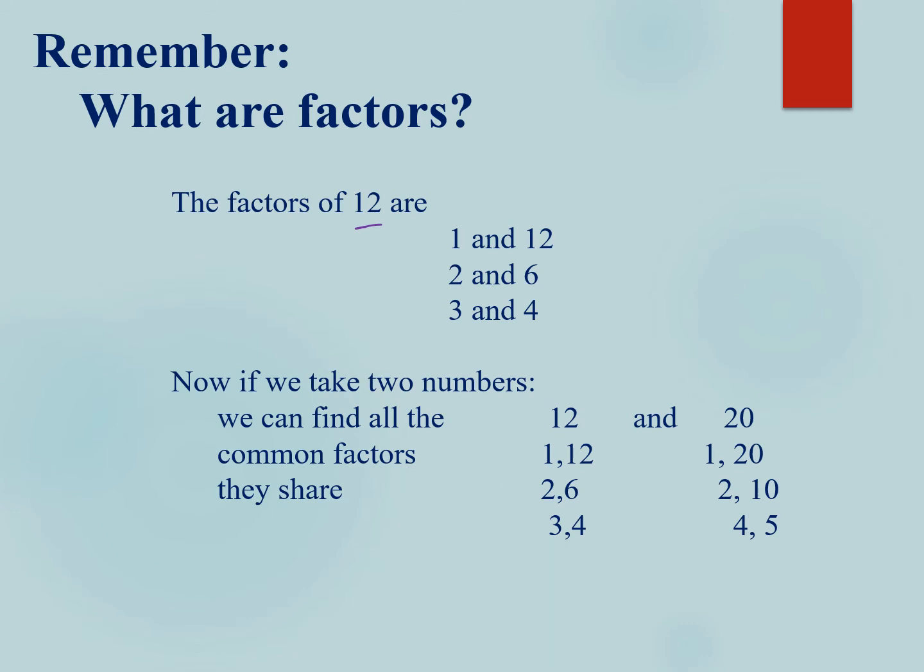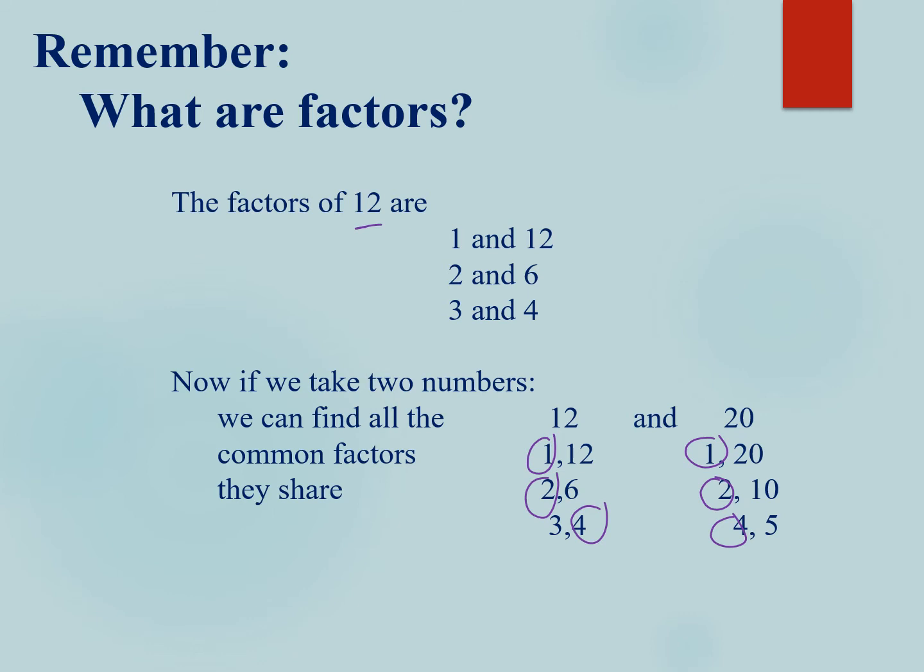Now I want to find their greatest common factor, the largest factor that they have in common. I'm going to circle the ones that they have in common. They have 1 in common, 2 in common, and 4 in common. The other numbers they don't both have.